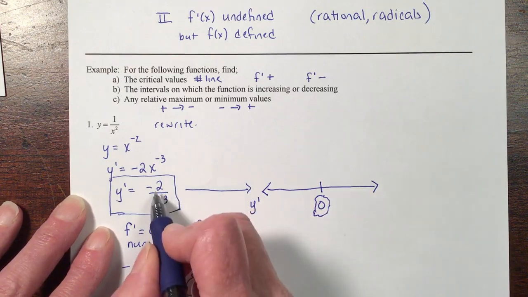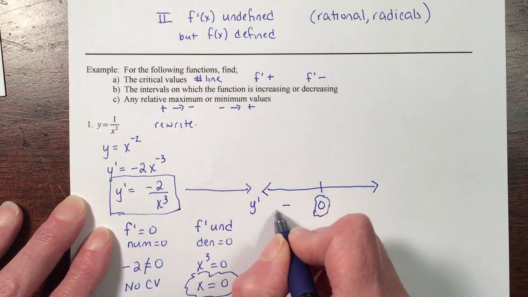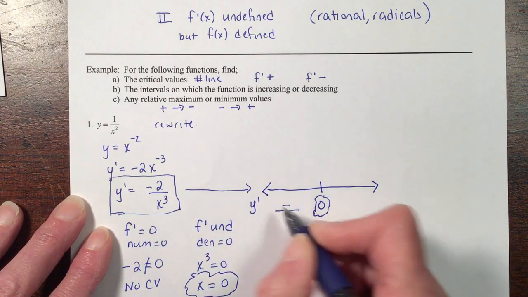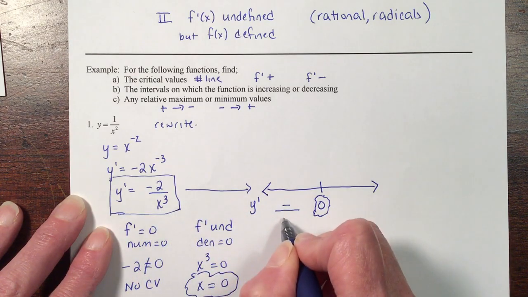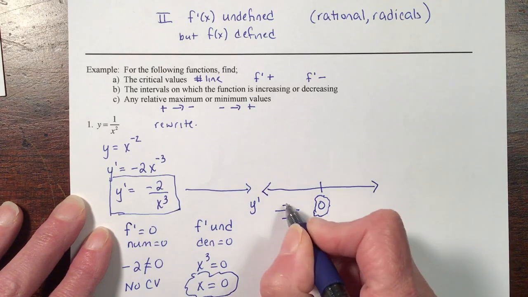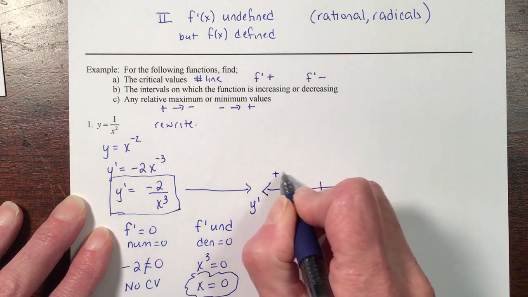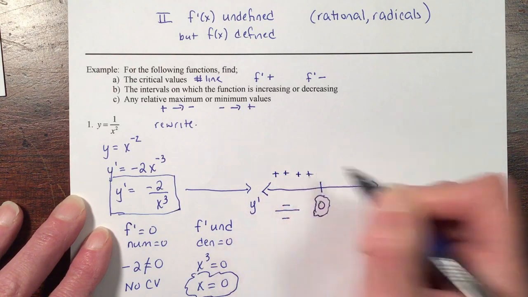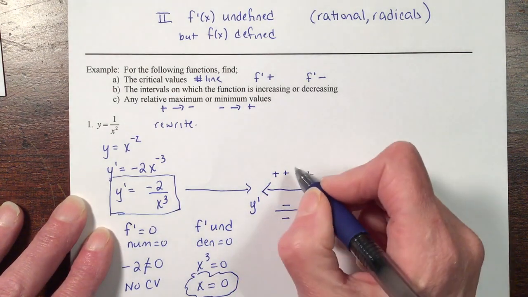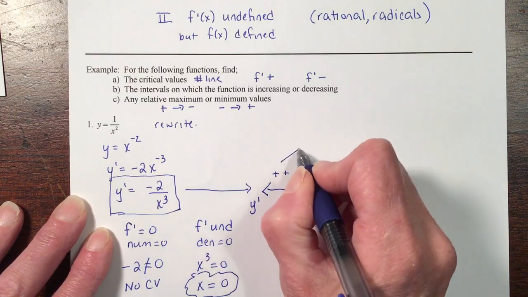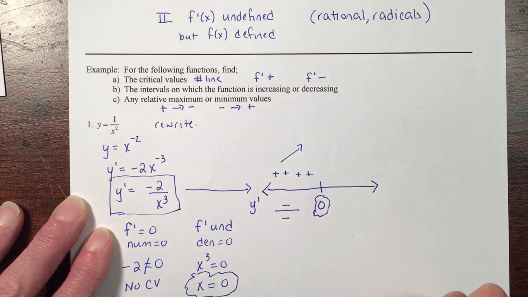If I look at my derivative function, my numerator is always going to be negative. And if I cube a negative number, my denominator is going to be negative. And a negative over a negative gives me a positive answer. So this interval gives me a positive derivative, which tells me my function is increasing.